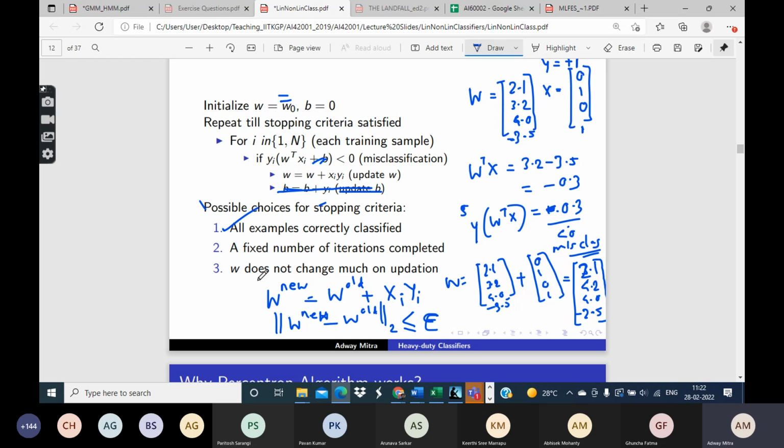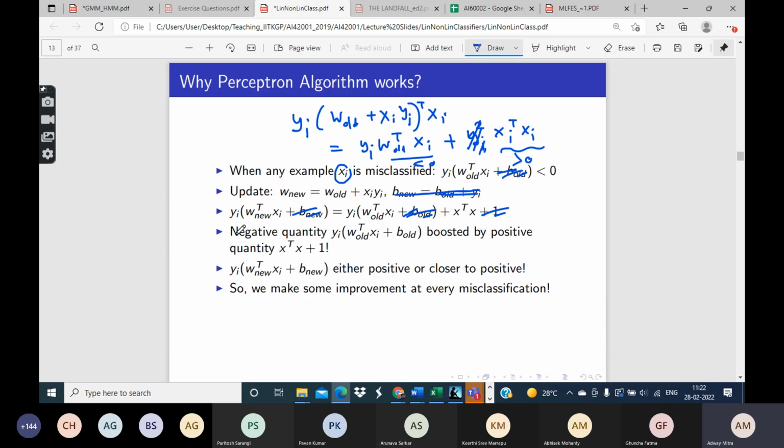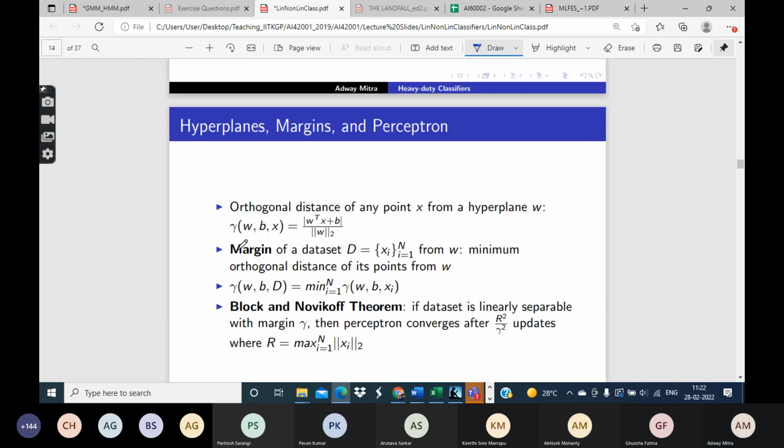That is why even after completing one pass over all the n data points, I again have to start a separate pass to see whether the initial points are being correctly classified or not. If not, then we just keep on updating.